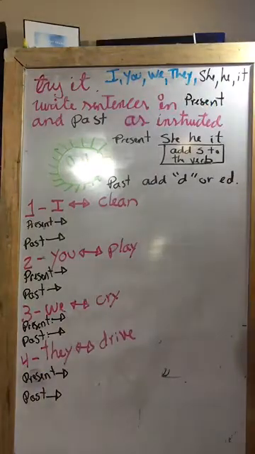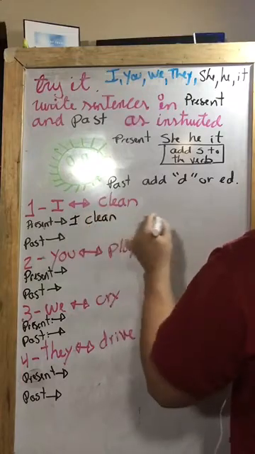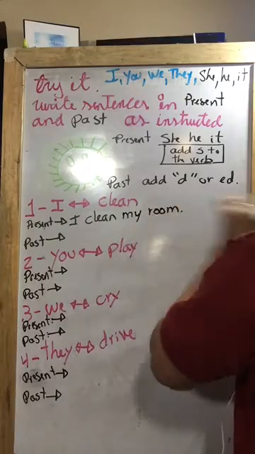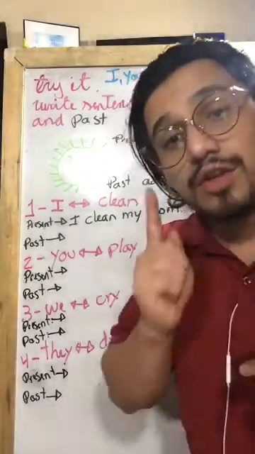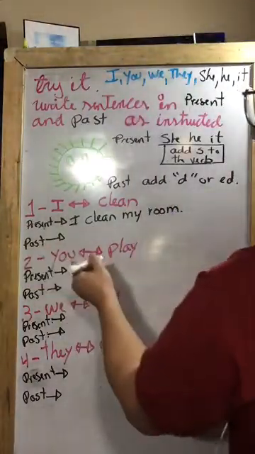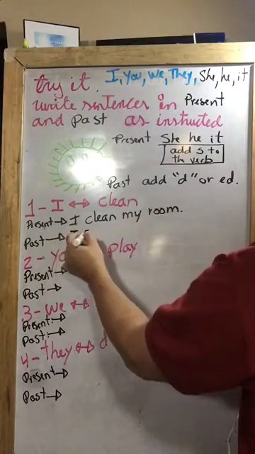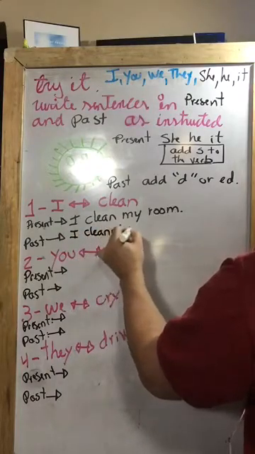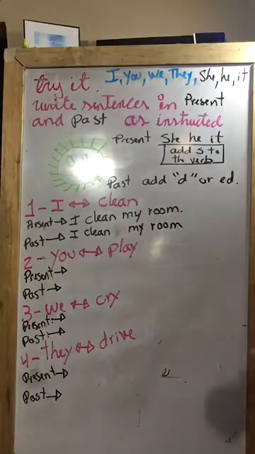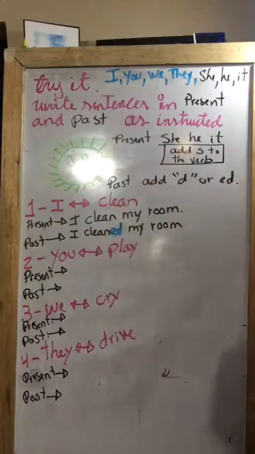Okay, so let's make the sentence. In present, I clean my room. Okay, remember, if I'm writing cursive, you write in cursive. If I'm writing print, you write in print. And then for the past, as much as this is regular, you just add ed to it. I cleaned my room. What changes in the sentence? The only thing that changes is that for the past, you add ed, cleaned.